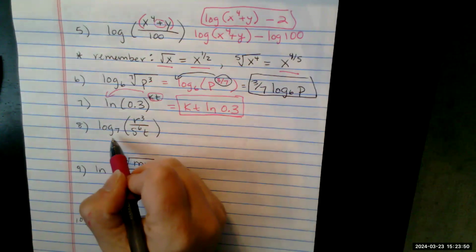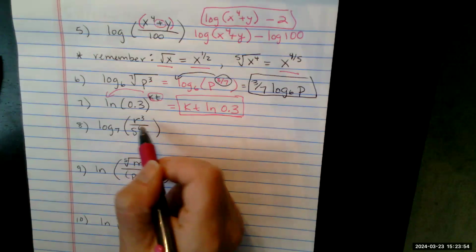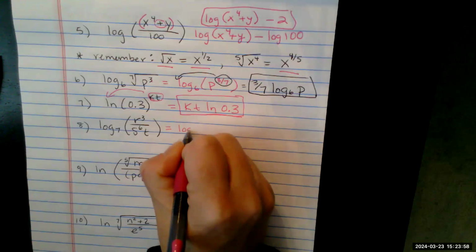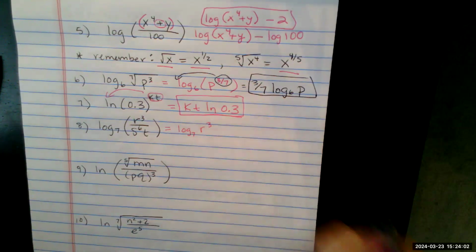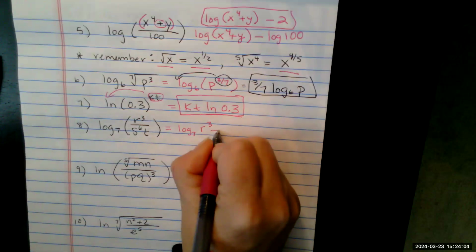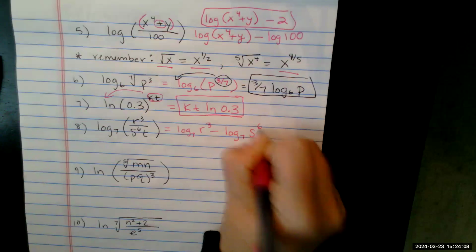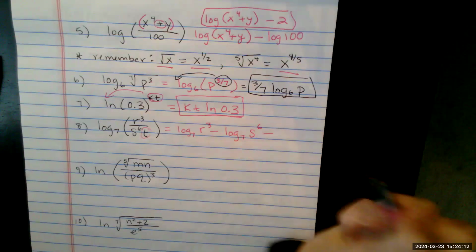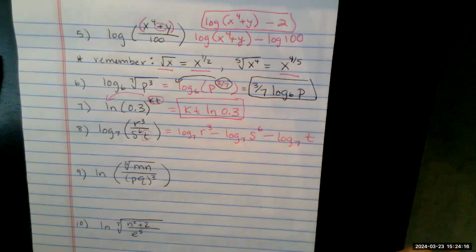All right, now we're back to having some multiplication and division. There's just more going on here. So watch how I handle this one. Log base 7 of r to the third. I'm going to be able to do something with that 3, minus log base 7 of s to the 6. And then since this is also in the bottom, minus again, log base 7 of t.